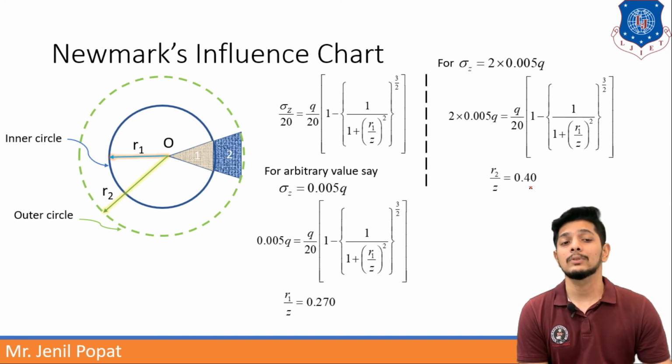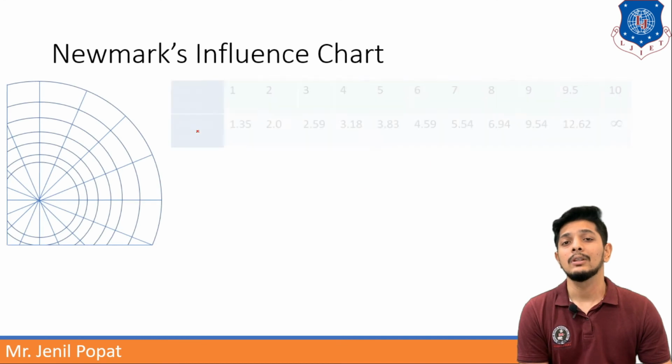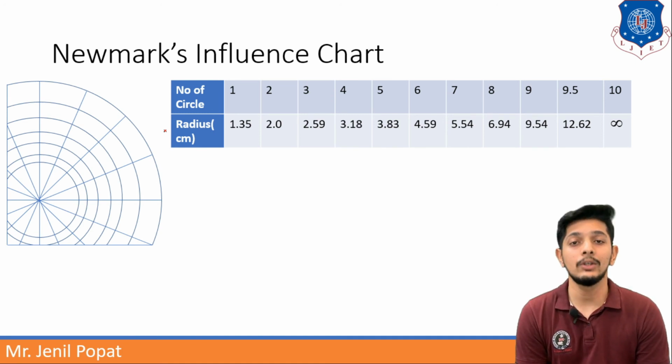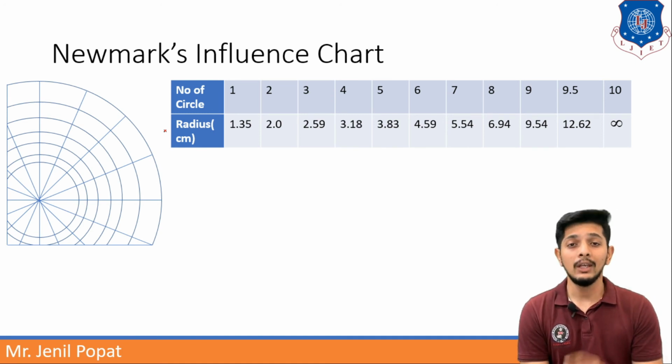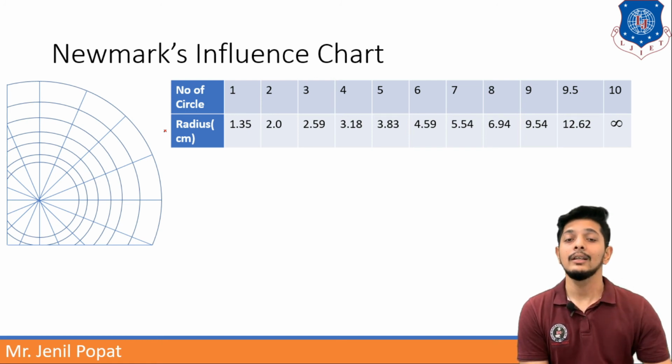So if the depth is assumed as z equal to 5 centimeter and the influence factor is taken as 0.05 q, then the radius of every circle, from circle number 1, the inner circle, then the outer second, third, fourth and so on, will look like this figure.